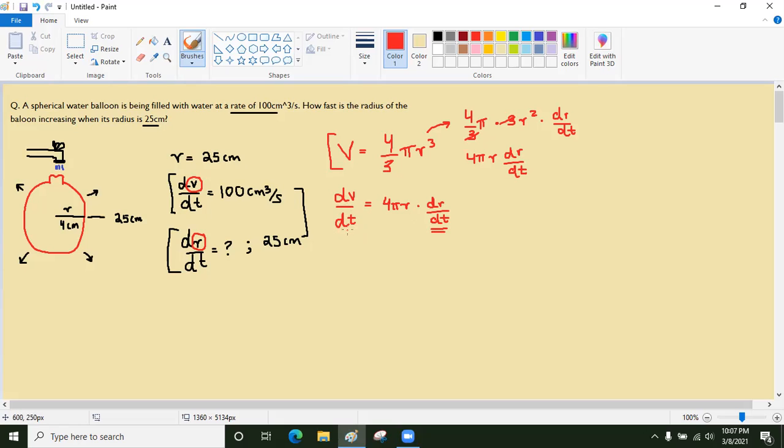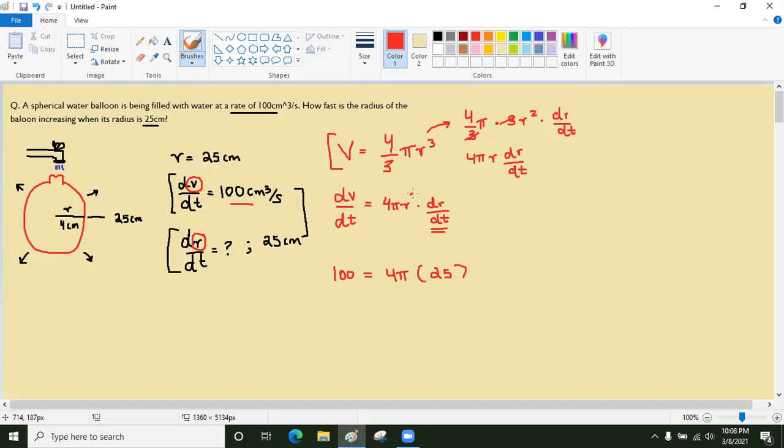So dV over dt we know is 100 centimeters cubed per second, so let's just call it 100. And it's equal to 4 pi, and then of course we're multiplying by r, which we know is 25 centimeters in the situation that we want to solve for. And let's just call it 25.